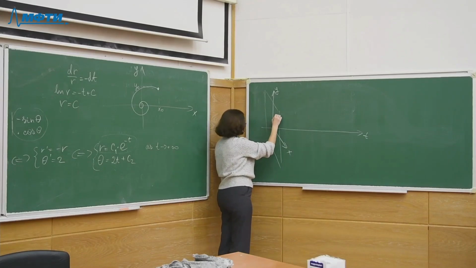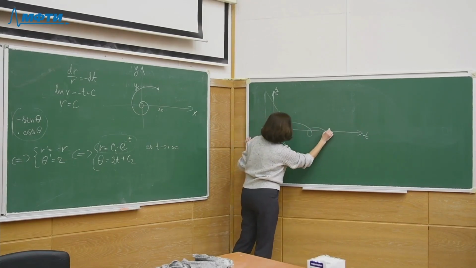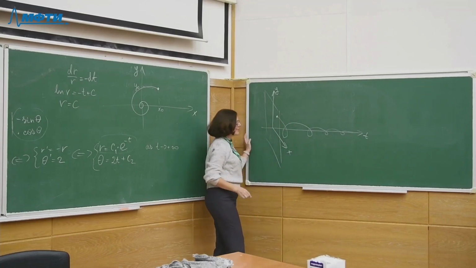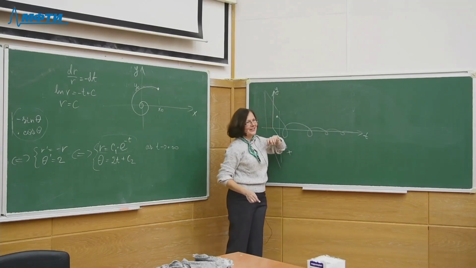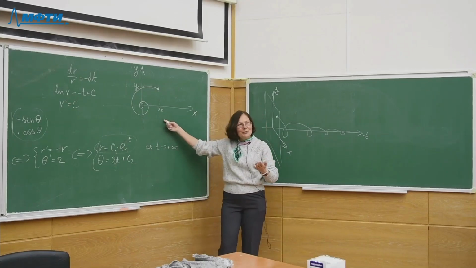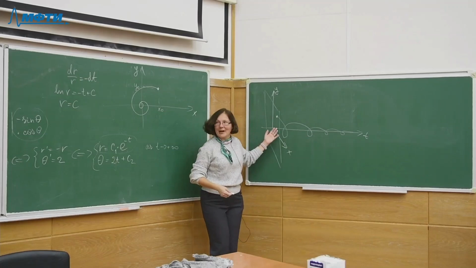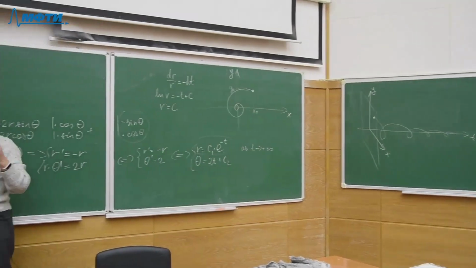So we start with this point, and next we have a spiral, which approaches the t-axis. So this is a two-dimensional figure, and this is three-dimensional. Now we live in dimension 3, right?